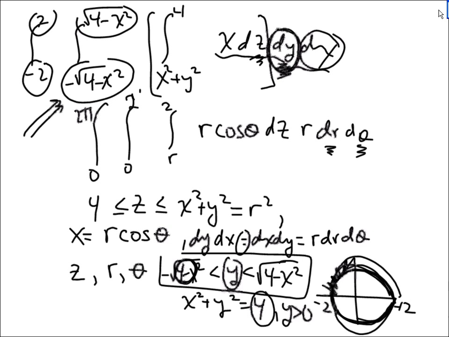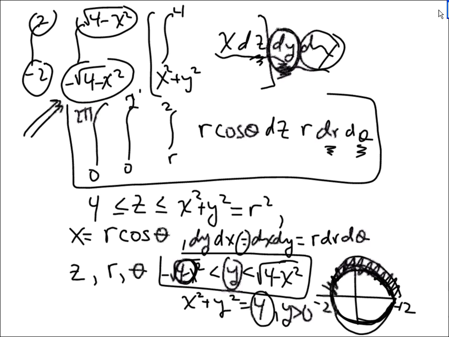That is, I would only get the top half of the circle. And then theta would only go from 0 to pi. Everything needs to fit together like a glove. So that's how you convert the top integral to cylindrical coordinates.